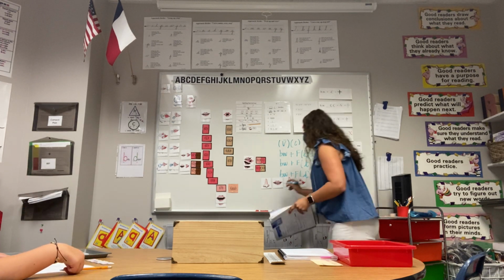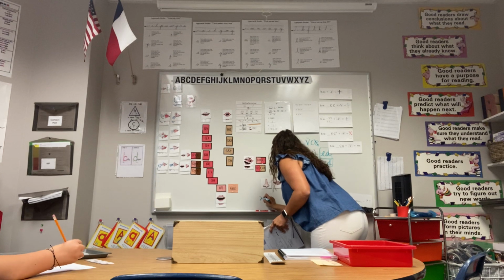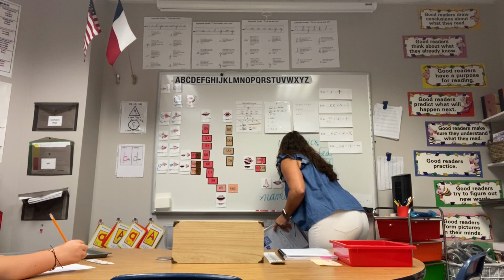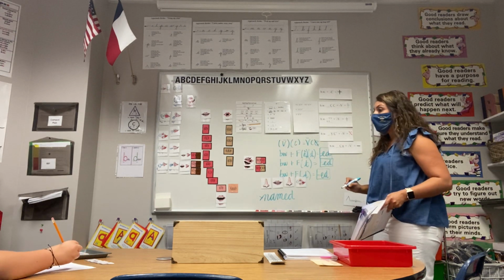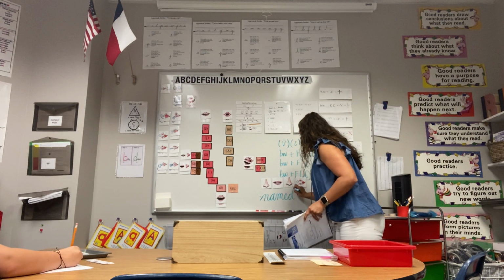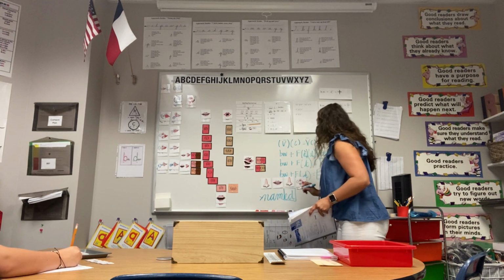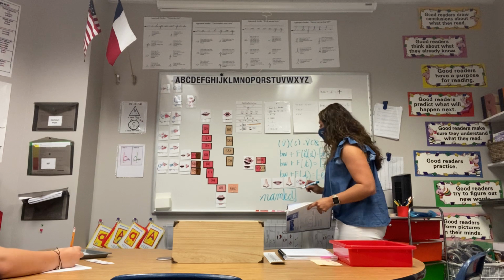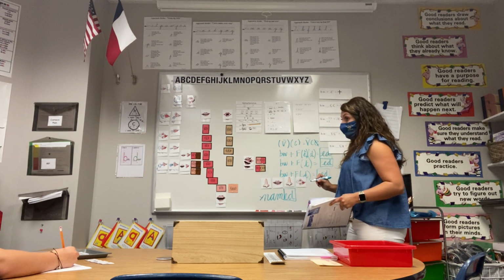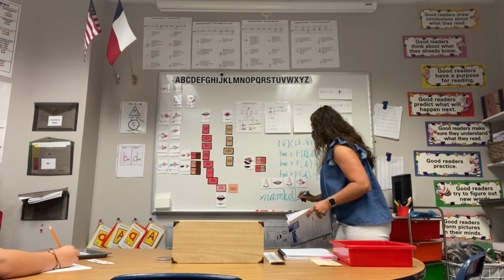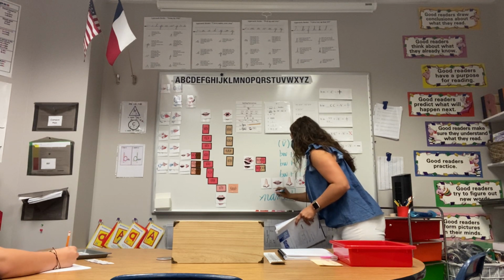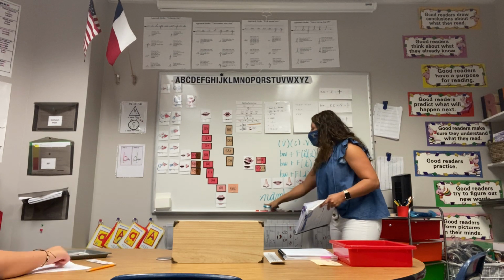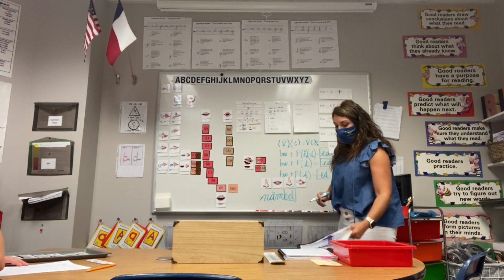Okay, so we'll push those together. Tell me what to write. N-A-M-E-D. Okay, let's code our word. We box our vowel suffix. How many consonants do we see before the vowel suffix? 1. So we must have used our dropping rule, right? So we drop the silent E, code our vowel with a macron. Okay, let's read our word. Named. Named. Okay, replace.